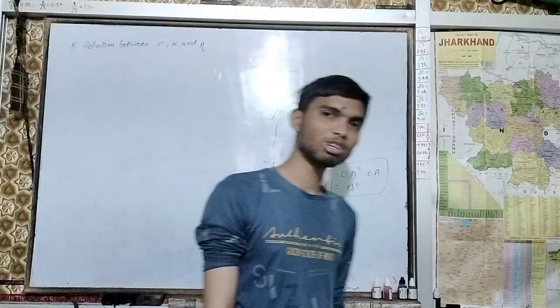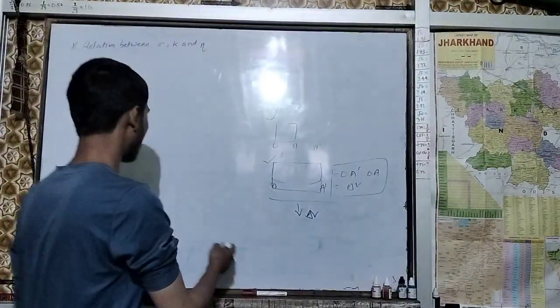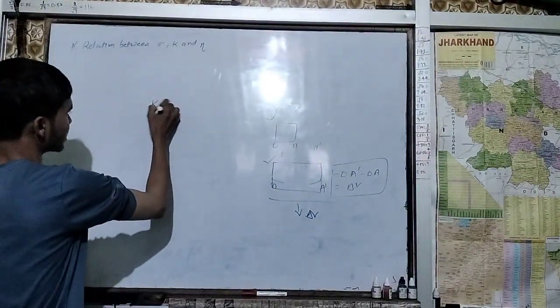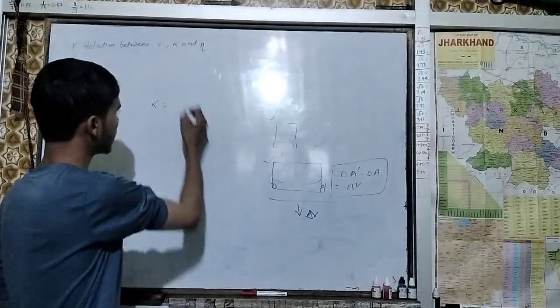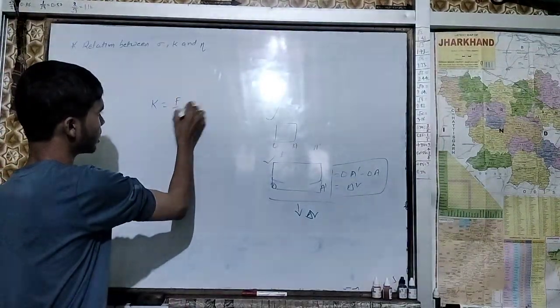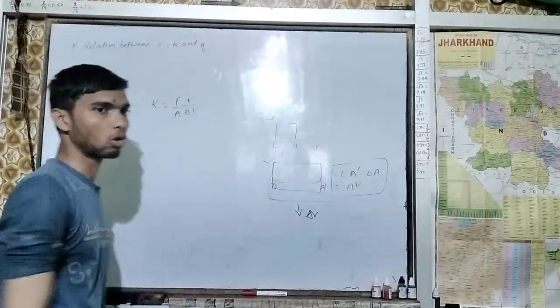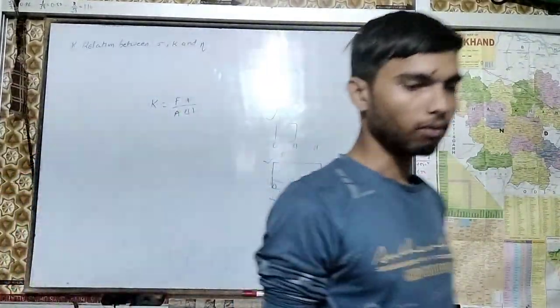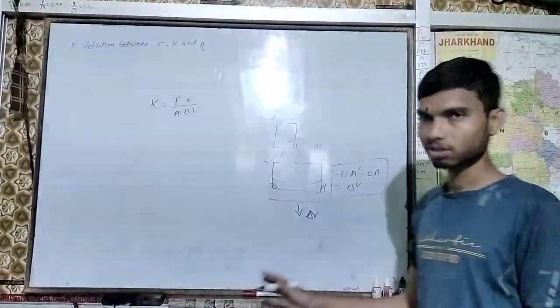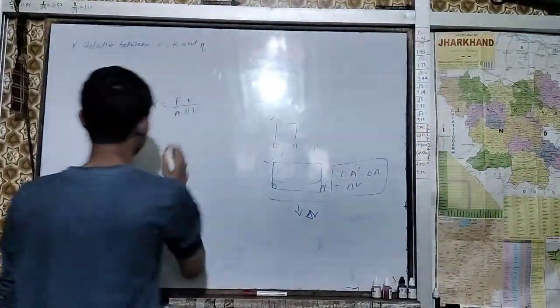Once you get the change in volume, finally you can write the Bulk modulus, which is represented by K. This is known as F upon A, with V going upward and change in volume coming downward. So this is the formula to calculate the Bulk modulus.